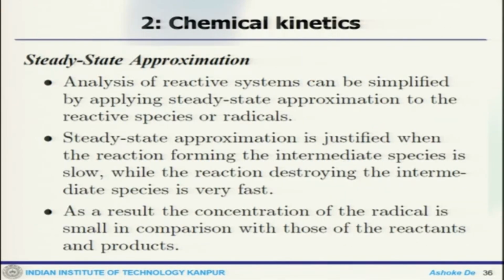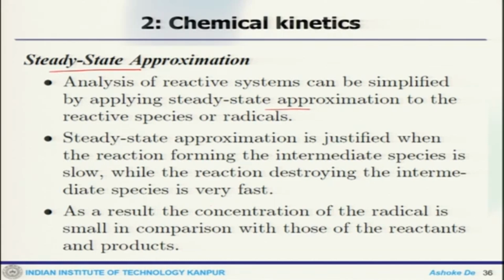Now, there is an approximation which is very common in this equilibrium analysis, the steady state approximation. The steady state approximation talks about the analysis of any reactive system, which can be simplified by applying the steady state approximation to the reactive species or the radicals, because as we have seen in the intermediate reaction steps, we get all these radicals, and using this steady state approximation we can find out those details.